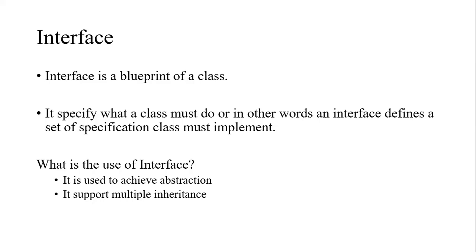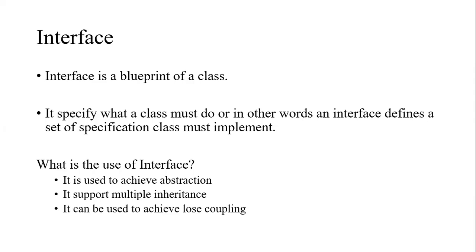Multiple, that means one particular class needs to take values from more than one class. And we said that multiple inheritance is not supported in Java if you are using just classes. But if you are using interfaces, you can achieve multiple inheritance. We will see what exactly multiple inheritance is if you don't remember, and we will see how interfaces help you in achieving it.